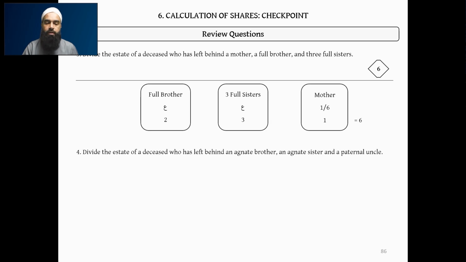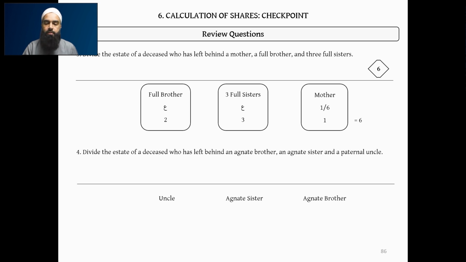Question number 4, divide the estate of the deceased who has left behind an agnate brother, an agnate sister, and a paternal uncle. So we've got agnate brother, agnate sister, and an uncle. What do we do here? So now revealing the answer.